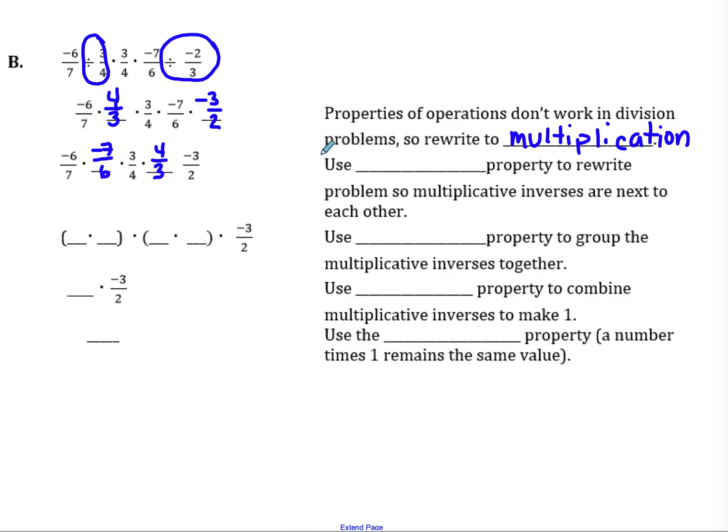That was the commutative property that we just used to change the order. Now we're going to group them so that our inverses are next to each other. Negative 6/7 times negative 7/6, 3/4 times 4/3. I added in parentheses, that is the associative property.